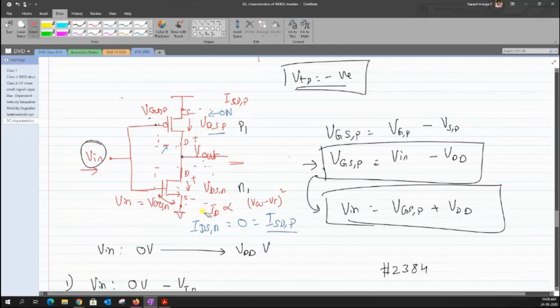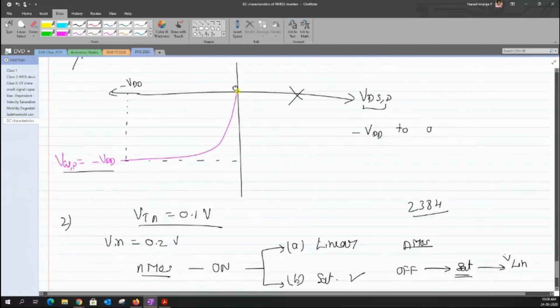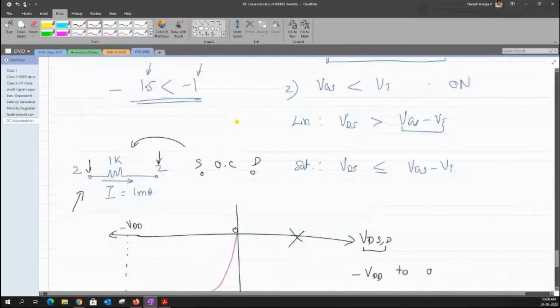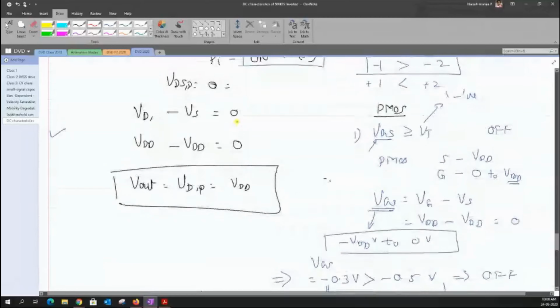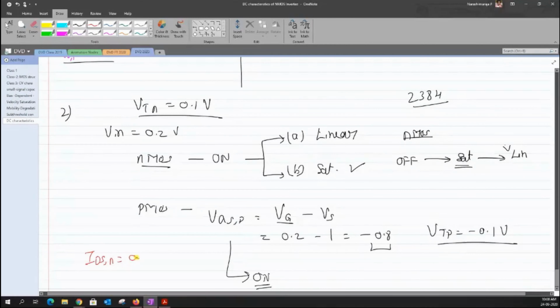Yes, so we have a very small current. Let me use the graph that I have plotted here. Just because our NMOS transistor is just on, it conducts only 0.1 milliampere of current.